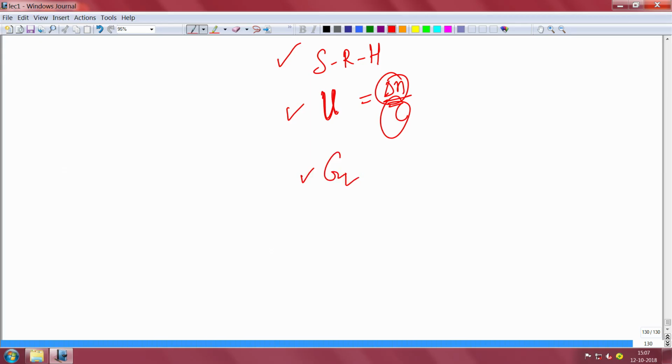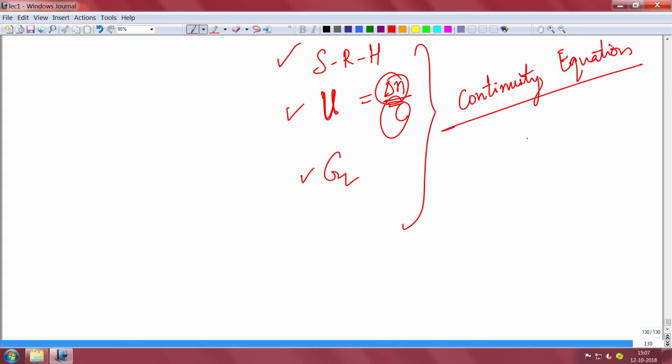In the presence of all of this, you can actually solve and get the continuity equation, and this continuity equation will be our very important starting point in many of the semiconductor devices. This continuity equation tells you how you solve for the carrier movement, the carrier distribution, or the current flow. It will basically depend on D_n d squared delta n by dx squared for n type. For p type it will be delta p, plus G_L, the optical generation, minus delta n by tau equal to 0 in steady state.